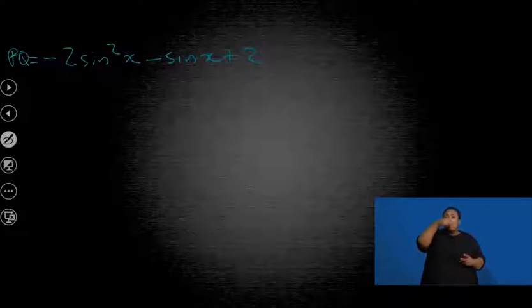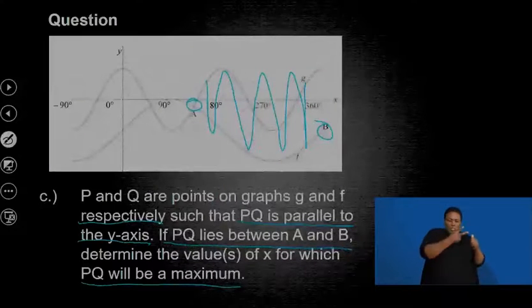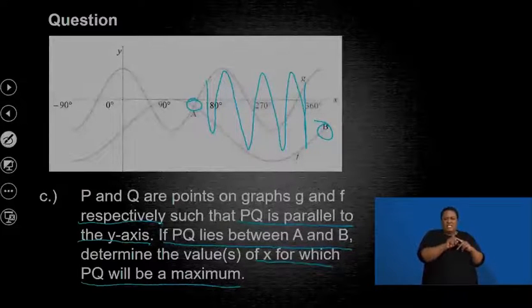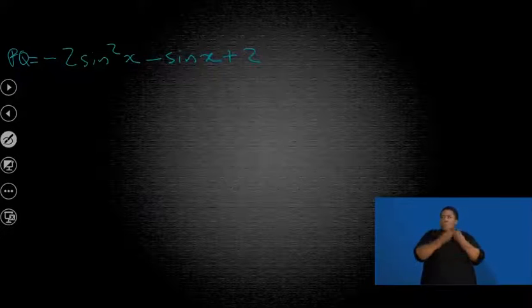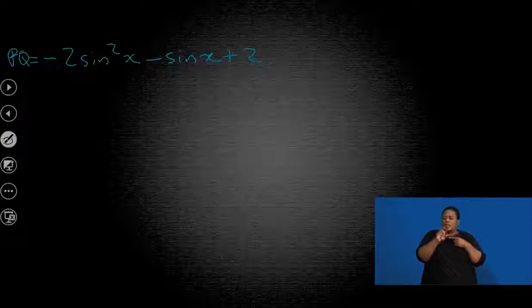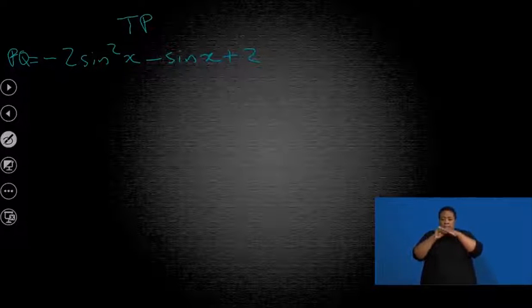But we still need to go back and see what exactly they wanted us to do. So they said we need the values of x such that PQ will be a maximum. Now, I know that most of you will be thinking finding the derivative if it's a maximum and a minimum, but that's not the case. Maximum and minimum, remember, we are also talking about the turning point there.